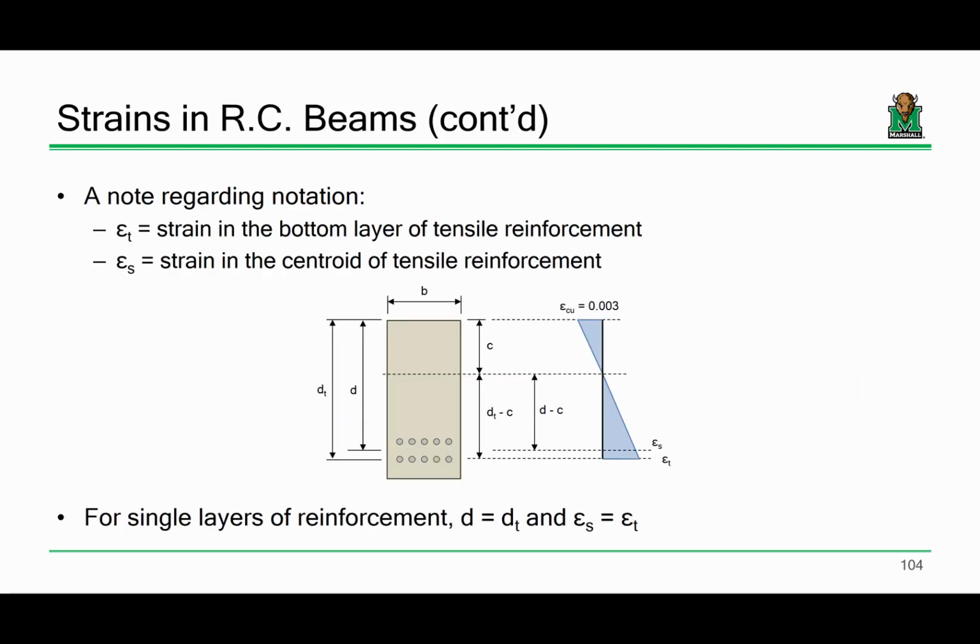All right. A couple notes regarding notation, and I've been trying to be clear on that. This was asked, I think, about one of the problems on the homework. Just so you are aware, d is the distance from the top of the beam to the centroid of where the steel is. So if you only have one layer of steel, it's just right where the steel is. But if you have two layers of steel, like you do here, then d is to the center.